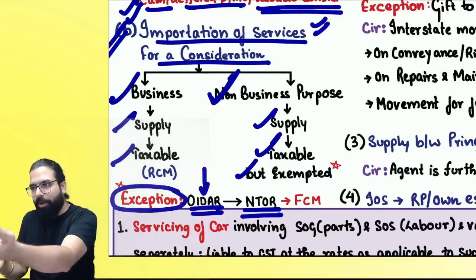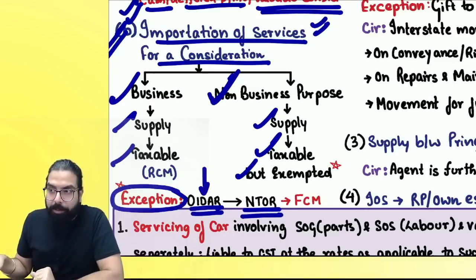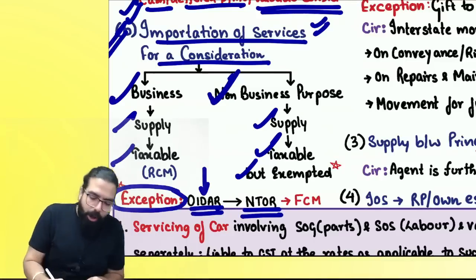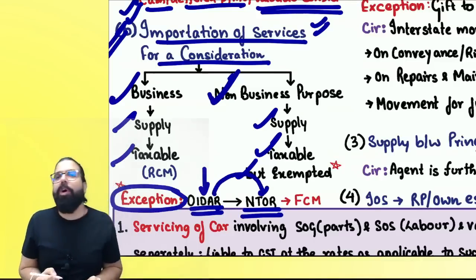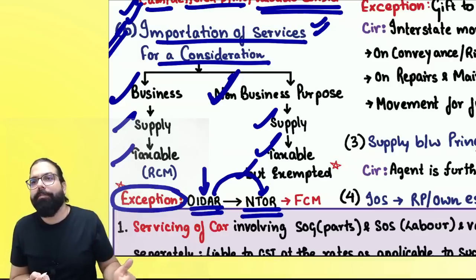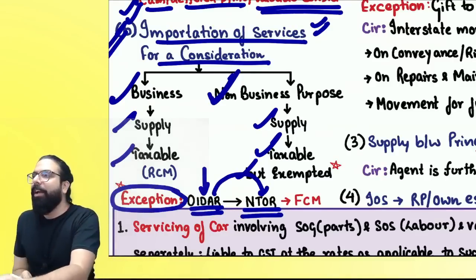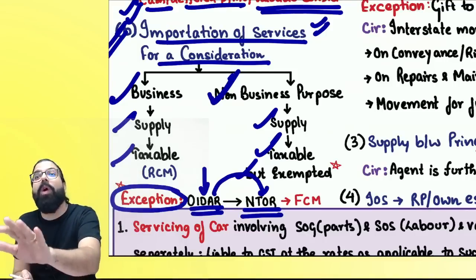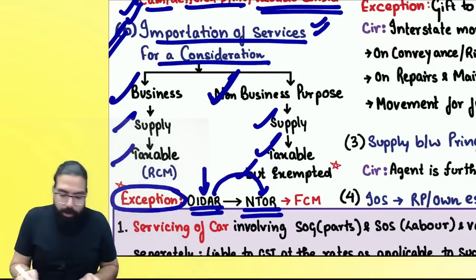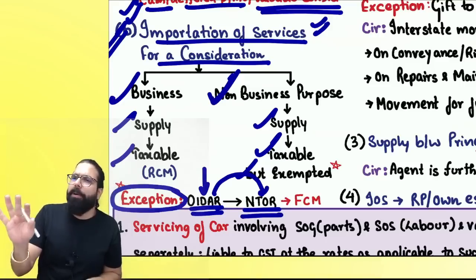So just imagine, if you are taking Netflix for your commercial purpose, then it is not an NTOR. Who is an NTOR, everyone? Government, local authority, governmental authority, any unregistered person who is receiving OIDR services for non-business purpose.